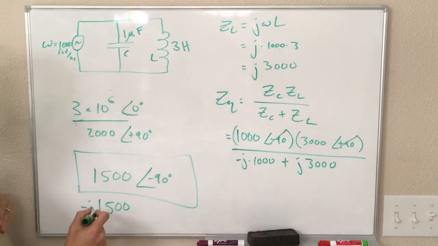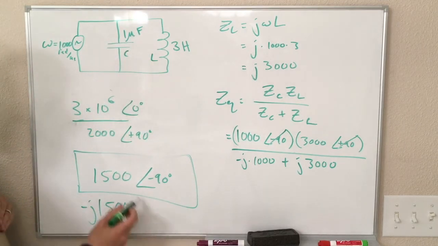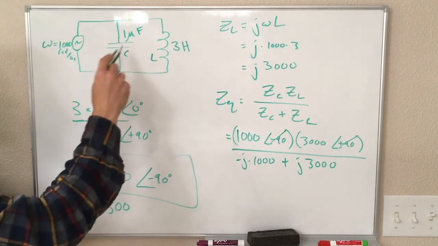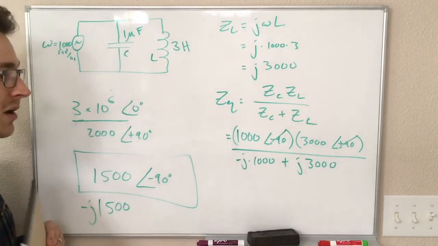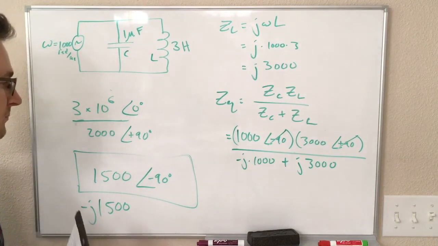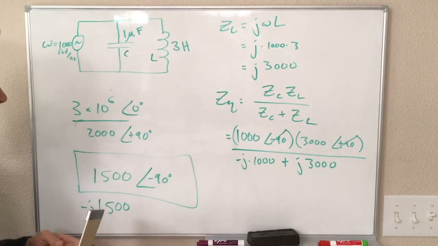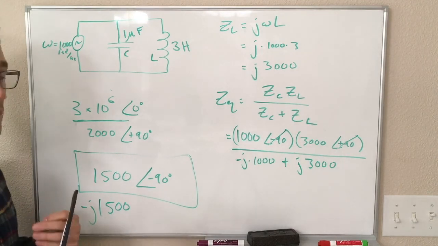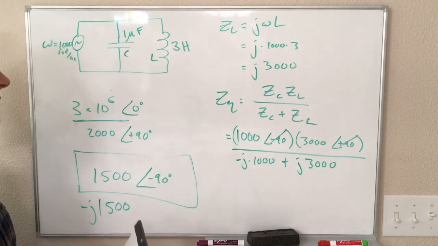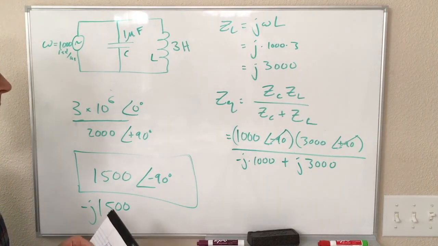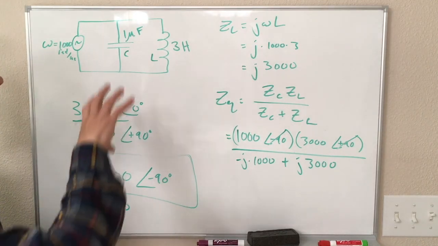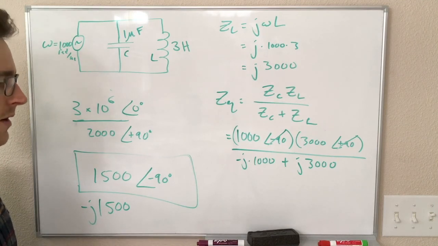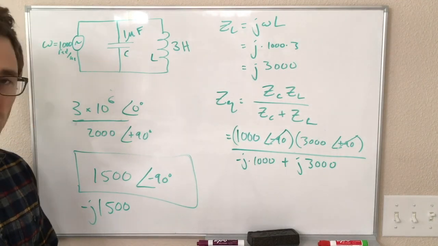So we're getting an impedance the same as a capacitor at this particular frequency, but whatever that capacitor value is will not be the same at other frequencies. As the frequency changes, things are going to shift around, and we're going to do some kind of frequency dependent analysis in some future lectures. So we'll talk about exactly how these quantities and their relationships change as we change the frequency of the voltage we're applying.